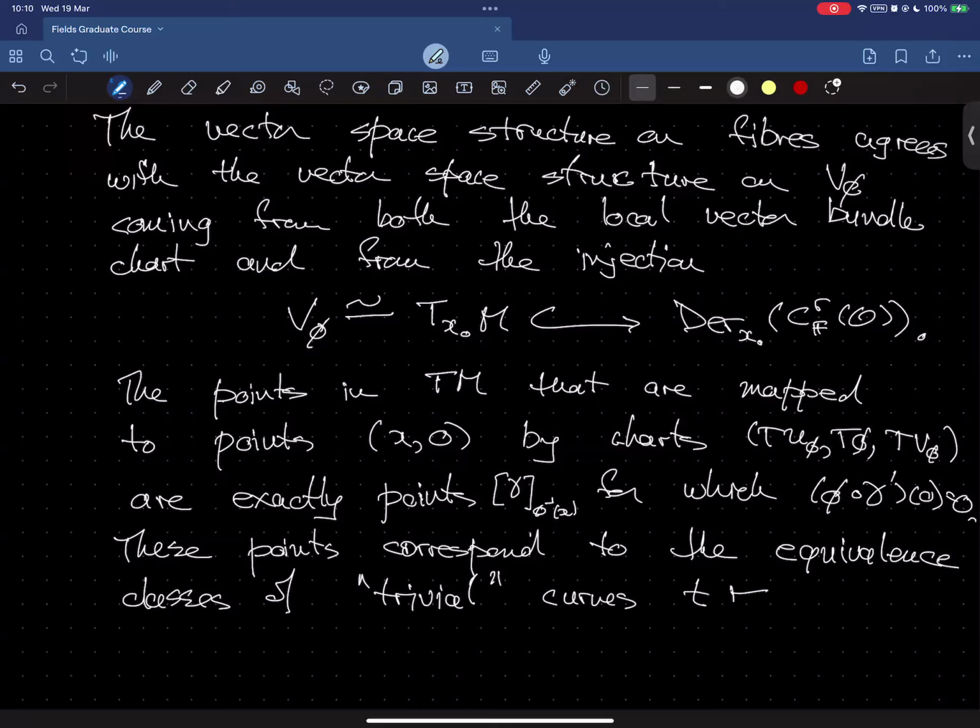So t goes to x. So constant curves. All right, so that shows that the trivial curve at x maps to a point of this form in the vector bundle chart, and so therefore corresponds to points in the base space of M. So that gives the correspondence of M with points in the base space. Okay, so that finishes the corollary.